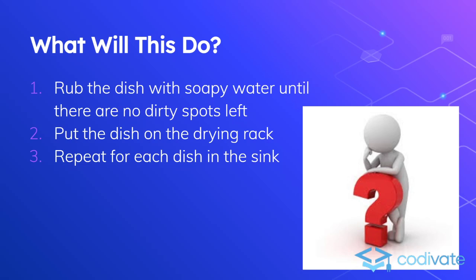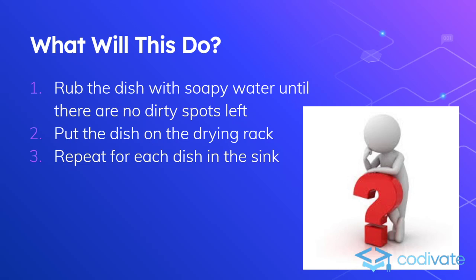And if we think about it, what happens to dishes when you rub them with soapy water? The answer is they get clean. In fact, it tells you until there are no dirty spots left. That tells you that it's clean. Next thing, you put it on the drying rack. Well, that's pretty self-explanatory. And then you keep repeating that until all the dishes are done.